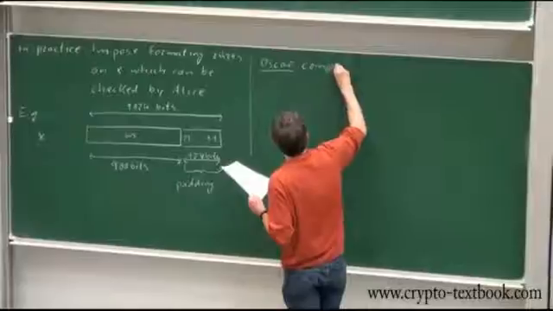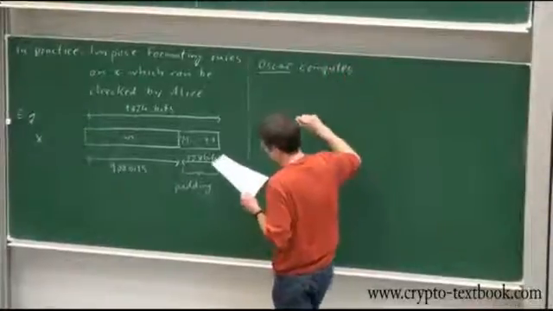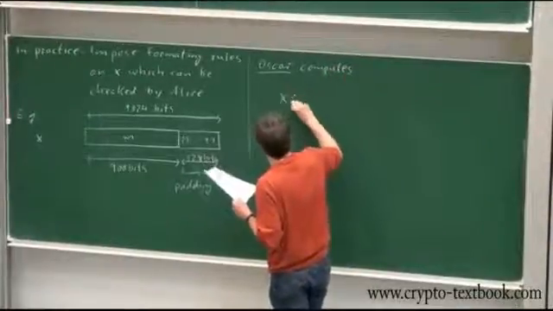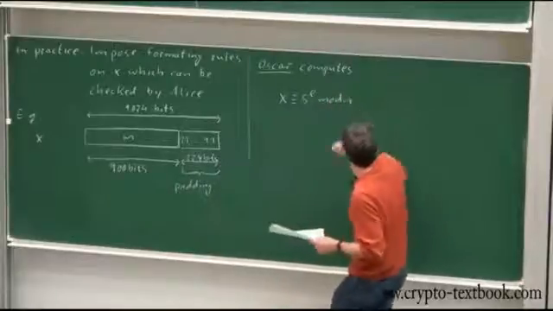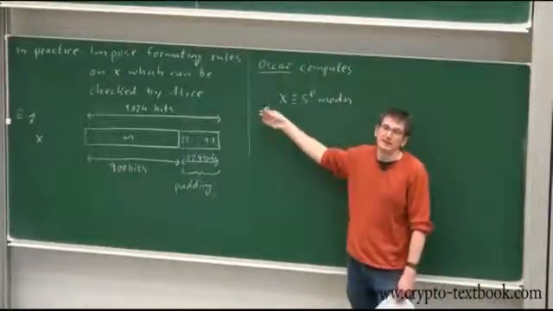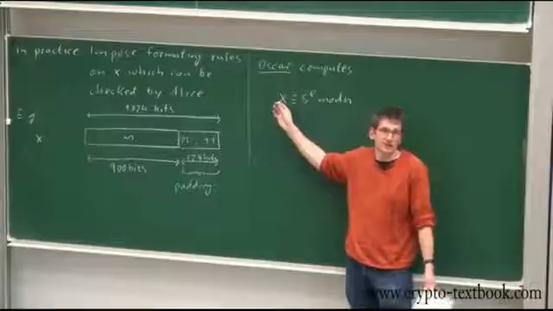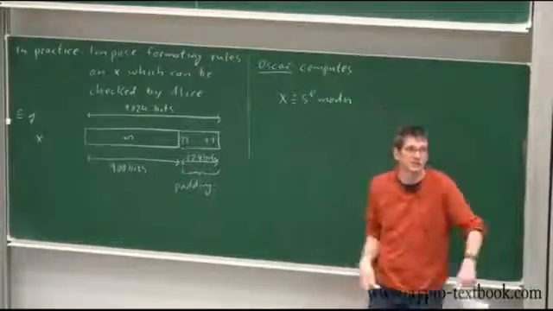Oscar computes and he essentially gets random values out here, X. You know, there are random 1024-bit values here.